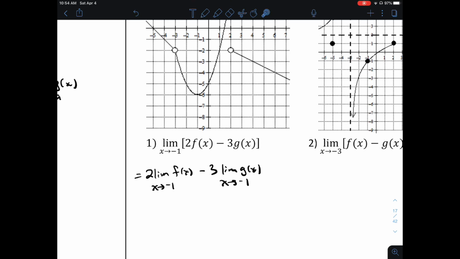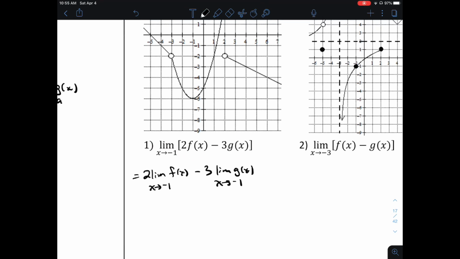Let me just break down for you what just happened. This argument has subtraction, so I broke it apart. So we got this limit minus this limit. This first function has a coefficient, so I brought it out to the front. The second one also has a coefficient, I brought it out to the front. So this part here is written here.